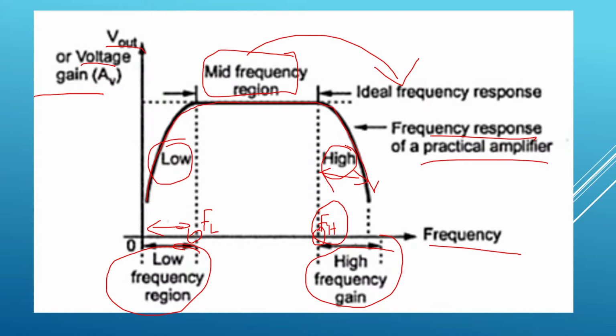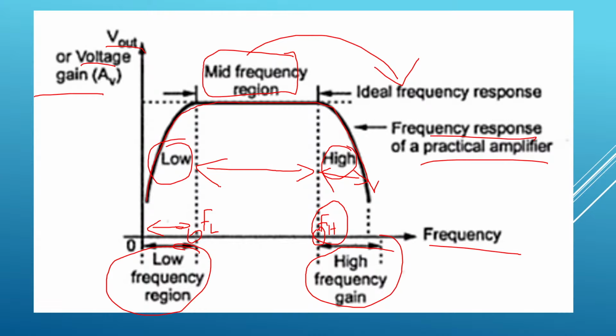Now for mid frequencies, that is, when the frequency varies from FL to FH, the voltage gain of the amplifier will remain constant. The voltage gain will not change. The effect of this coupling capacitor C2 is such that the voltage gain will be maintained constant for the mid range of frequencies.